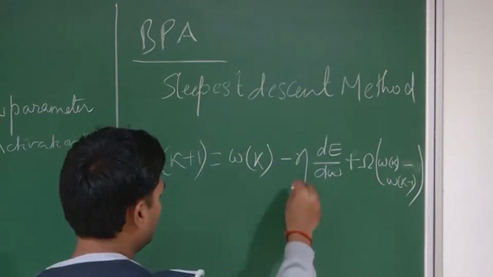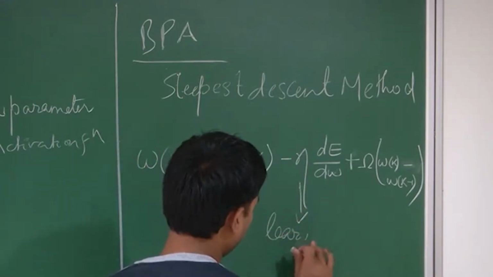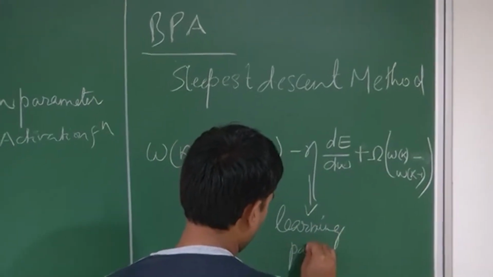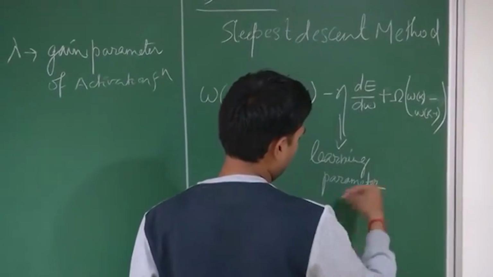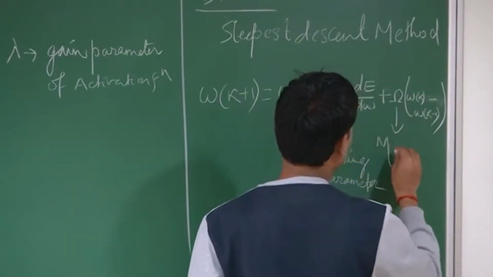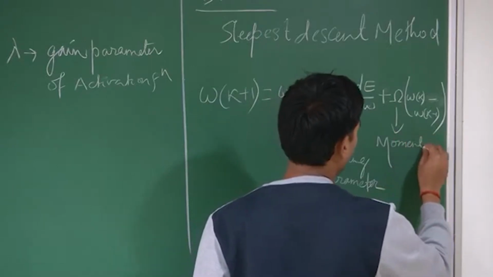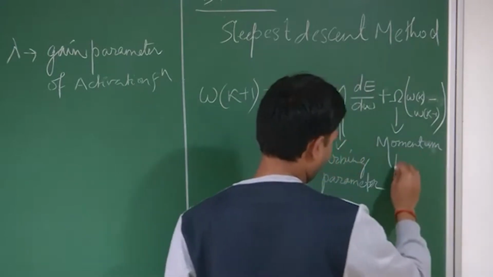So this is the learning parameter. It decides the convergence of the output, and this is the momentum parameter, which improves the result.